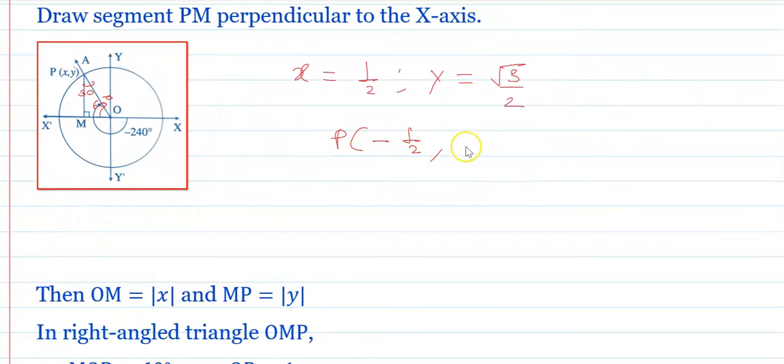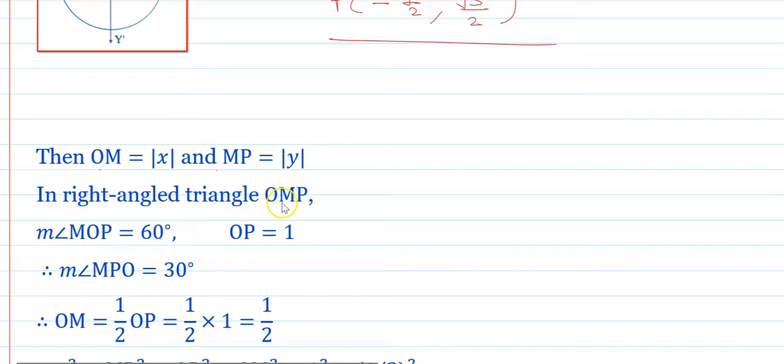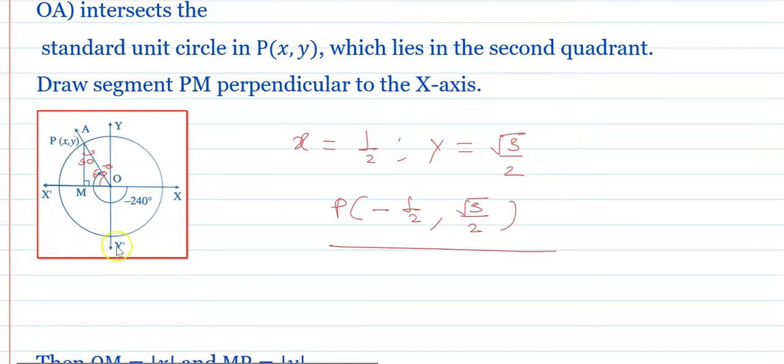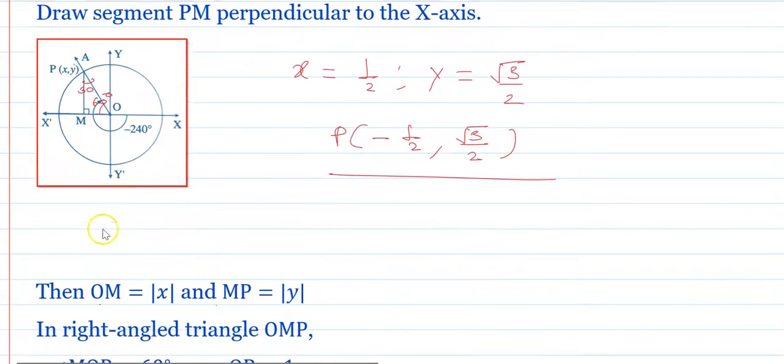Therefore, it's minus 1 upon 2, and here y is positive. With the help of this, we will find out. See this here. Draw PM perpendicular to the x-axis. OM is equal to mod of x, PM is equal to mod of y. In the right angle triangle OMP, the measure of angle MOP.